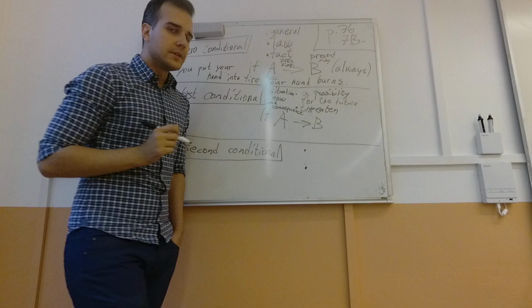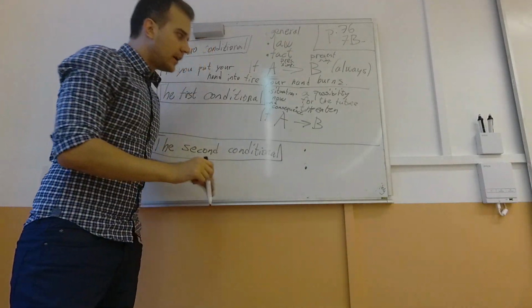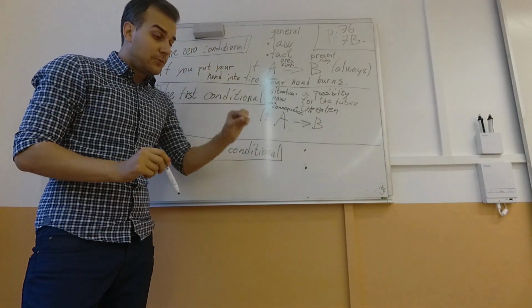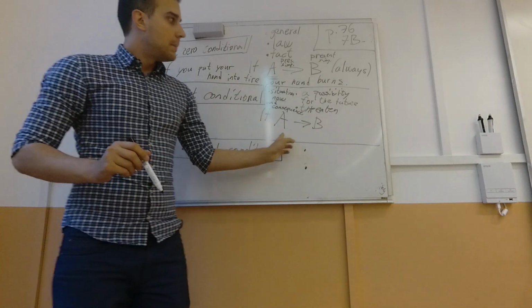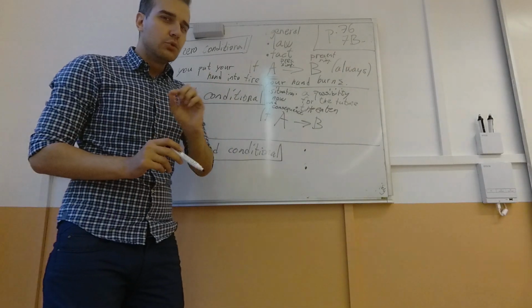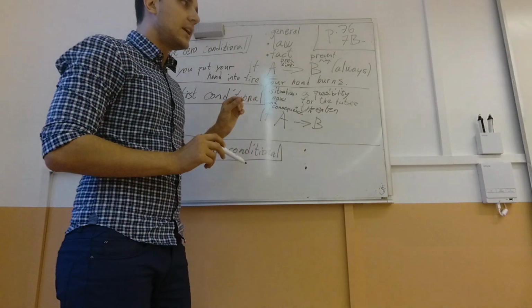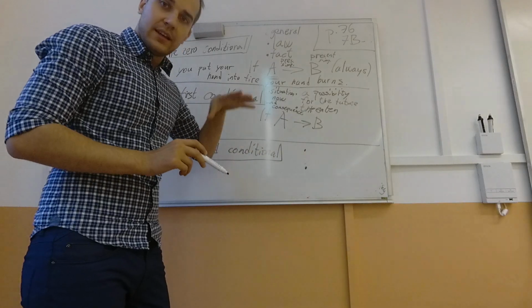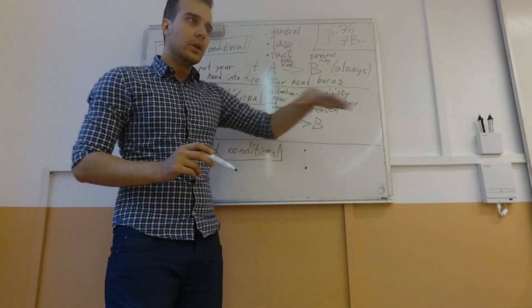So what is important about this? We have a situation right now, and I'm saying if A happens, B will happen as a result. So I'm not giving you the general rule. I am just saying, okay, if you do A right now, B will happen.